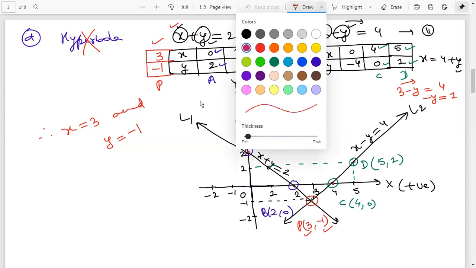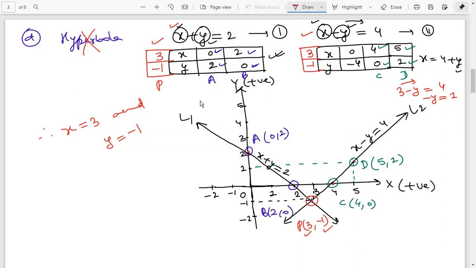because this point lies on both the lines. This point P lies on both the lines, means it will lie on this line also and this line also. That's why this will be a common point for both the lines, and these are the values of x and y. x and y will be such that both the equations will satisfy these values.